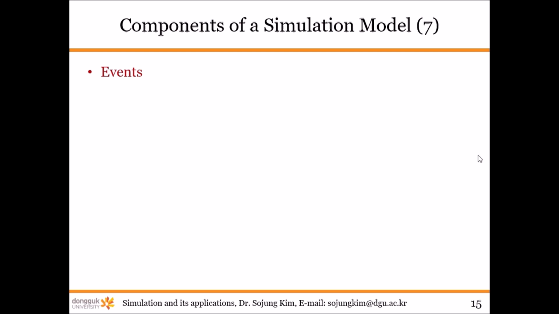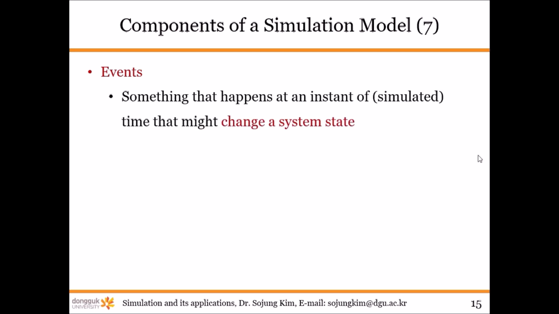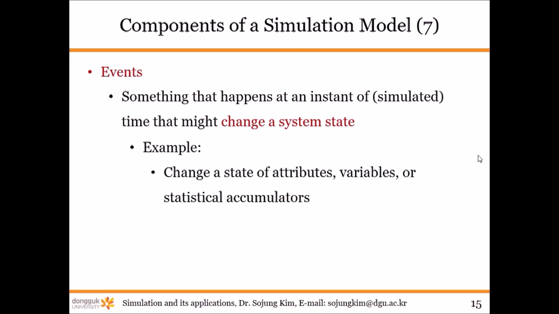The next one is events. An event is something that happens at an instant of time that might change the system state. Because we are dealing with discrete event simulation, the event happens at a discrete time, right?